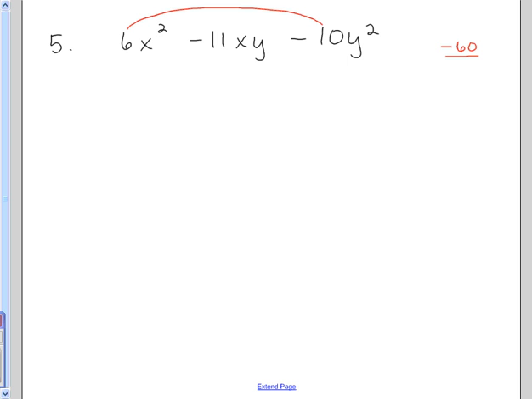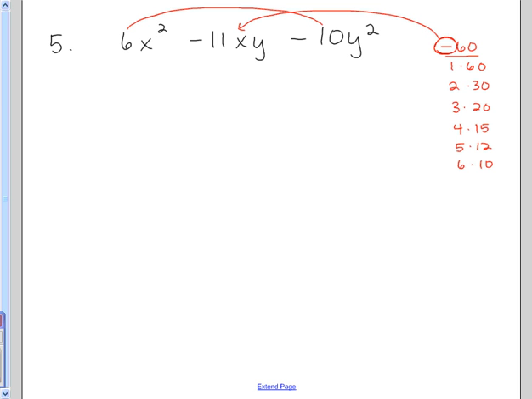Make a list. 1 times 60, 2 times 30, 3 times 20, 4 times 15, 5 times 12, or 6 times 10. Okay, I'm looking for the two numbers that will subtract, right? Because it's negative, I want what's going to subtract to give me negative 11xy.